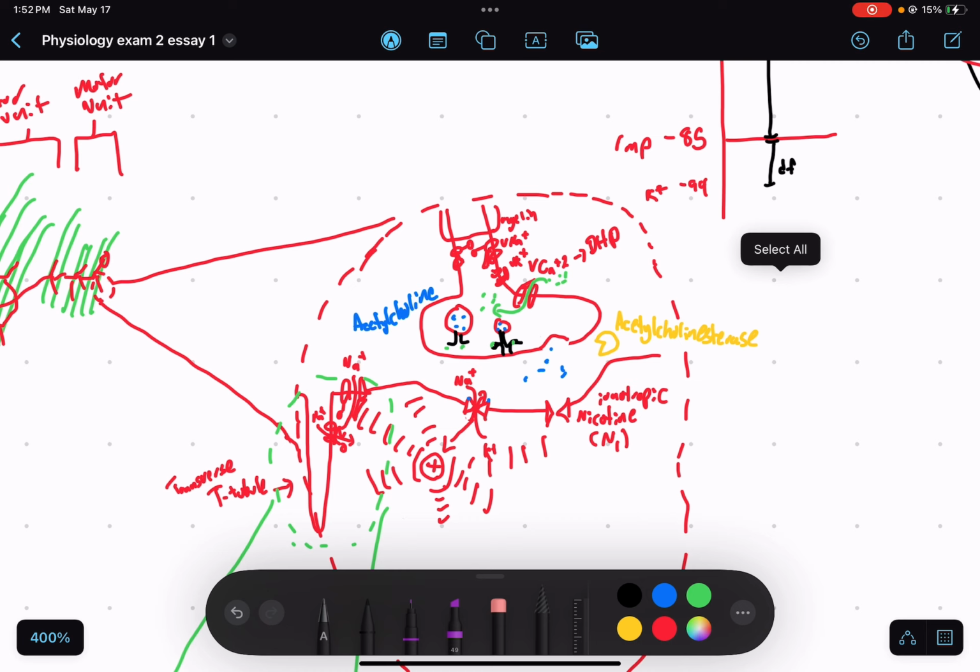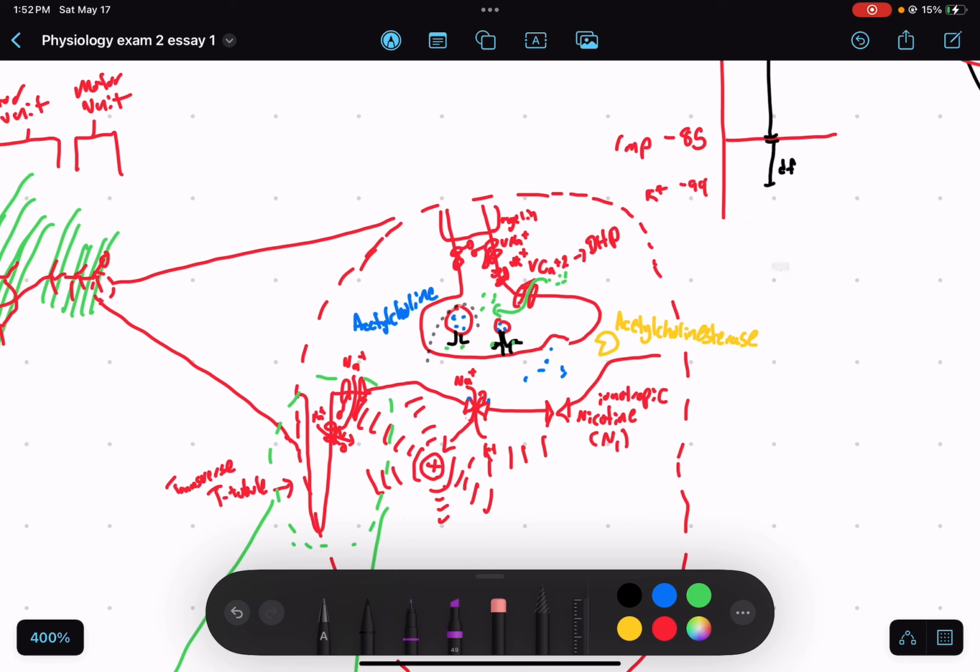And whenever it is released into the synaptic cleft, that acetylcholine will then bind to nicotinic type 2 receptors, which are going to allow in a cation, generally sodium, so we're just going to focus on sodium in this case.